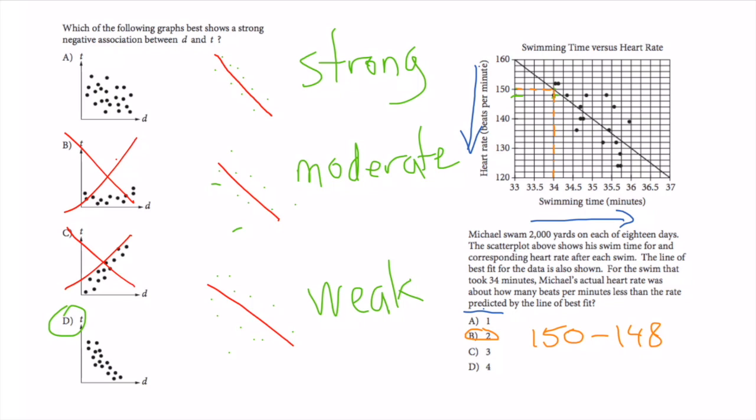Okay, this is called interpolating. It's interpolating because the value I'm looking for lies within my data set. Okay, extrapolating would mean I'm predicting for a number that's outside. And again, we'll have an example of that in a second.